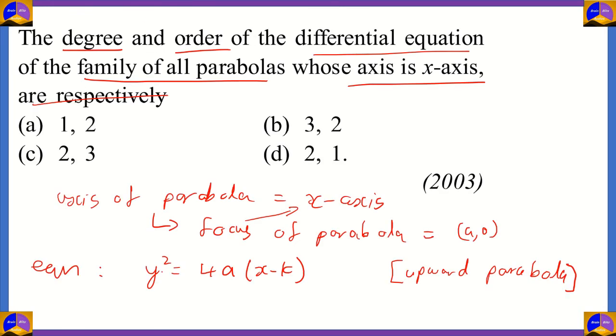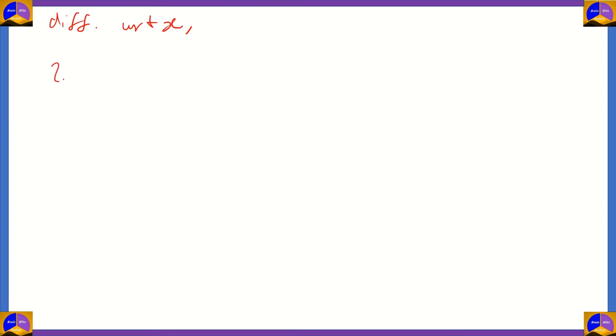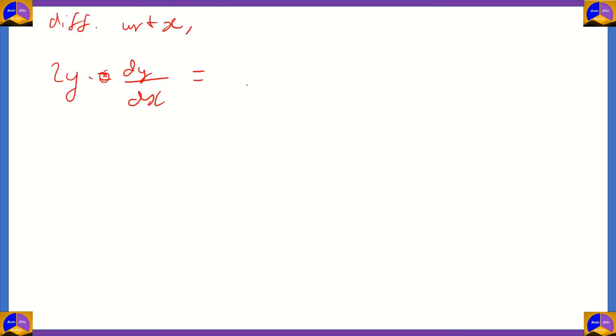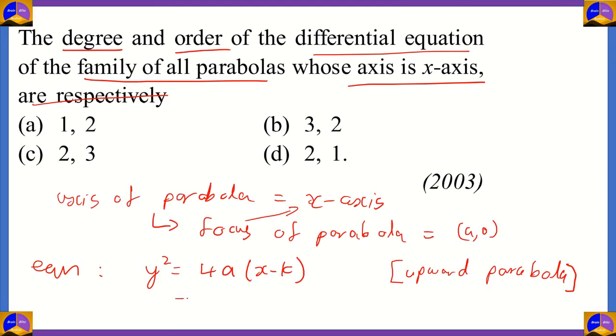Now what we do is we differentiate this equation with respect to x in order to make this a differential equation. So differential of y squared is 2y times dy by dx, and the differential of 4a times x minus k, we'll just have to write this as 4ax minus 4ak.